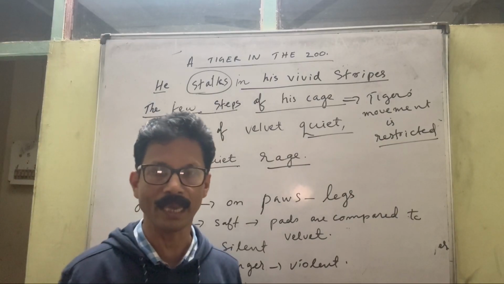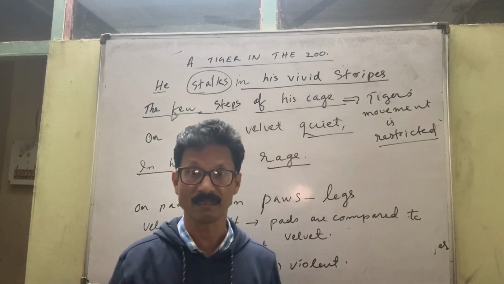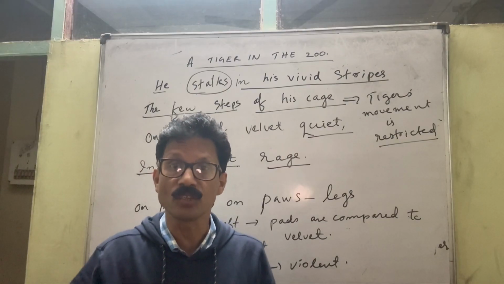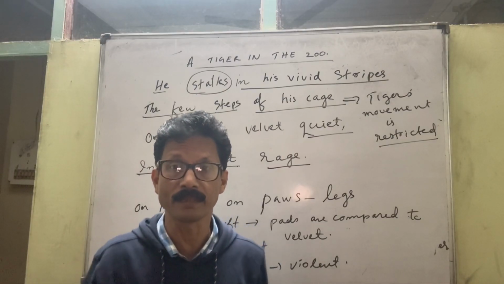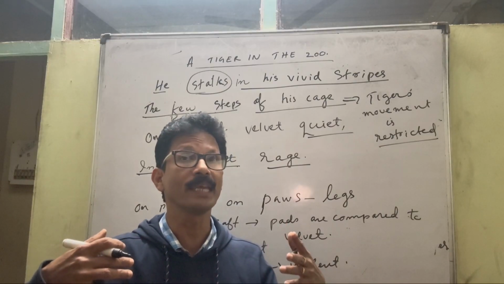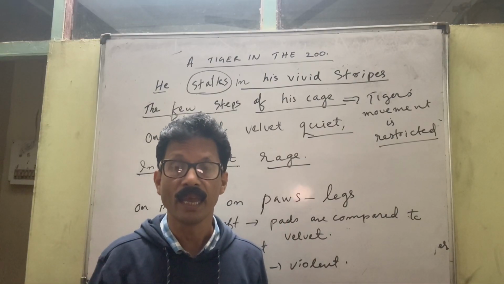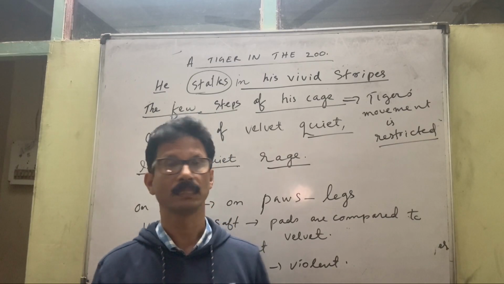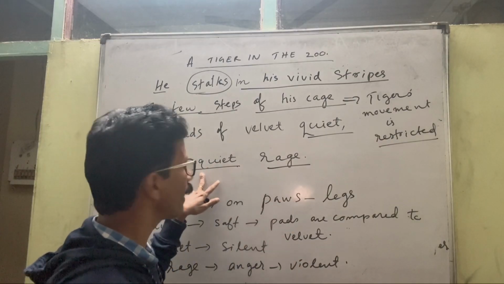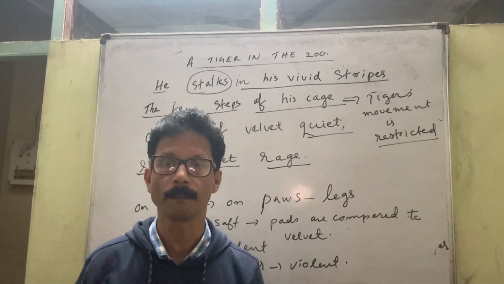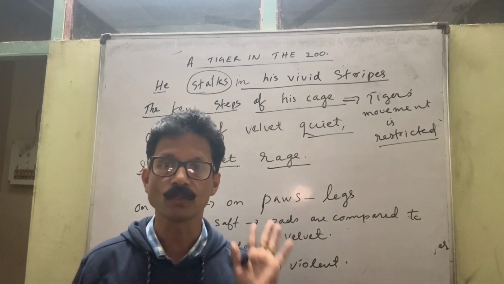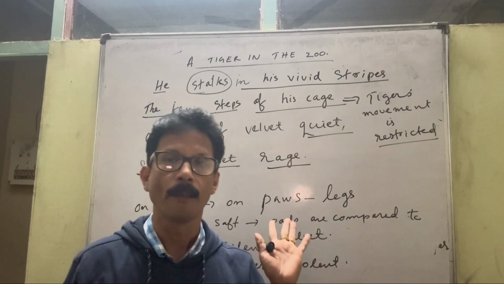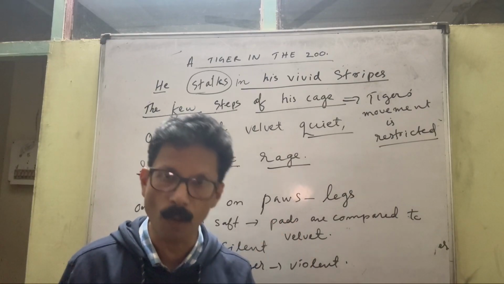In his quiet rage. Now, in this last line, the tiger's rage is described here. Rage is anger that can be violent, that can be ferocious. Okay, rage can be expressed in a violent form, but the tiger's rage is quiet. It is silent. Rage means angry, means he has a problem.